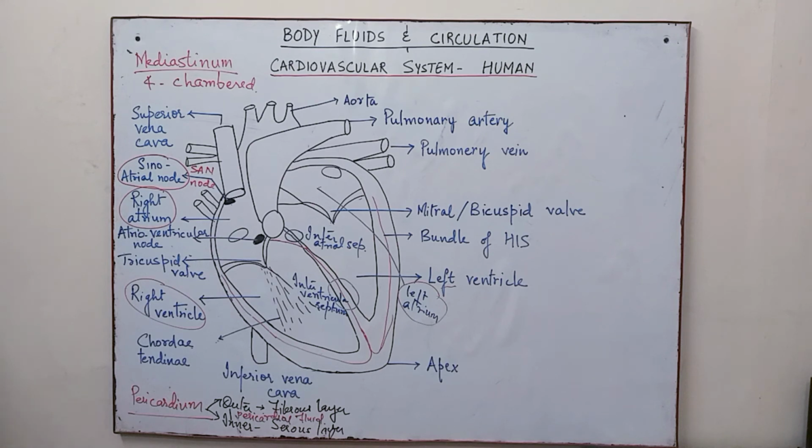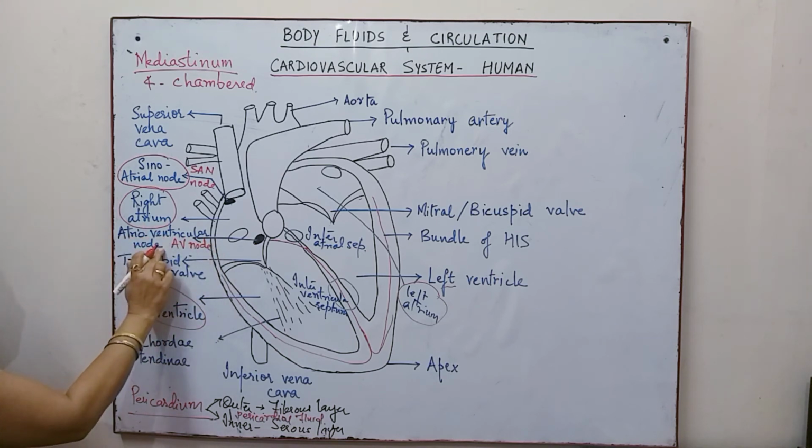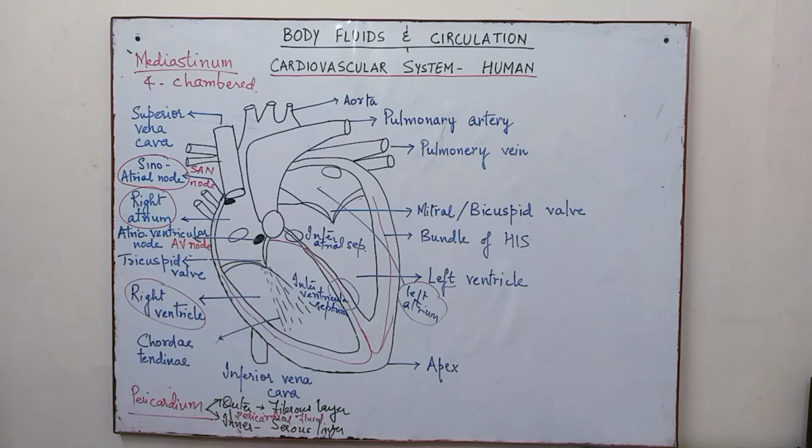Another node, which is known as AV node or the atrioventricular node, is present at the atrioventricular septum. Now this is also very, very important. This is forming part of the conduction system.